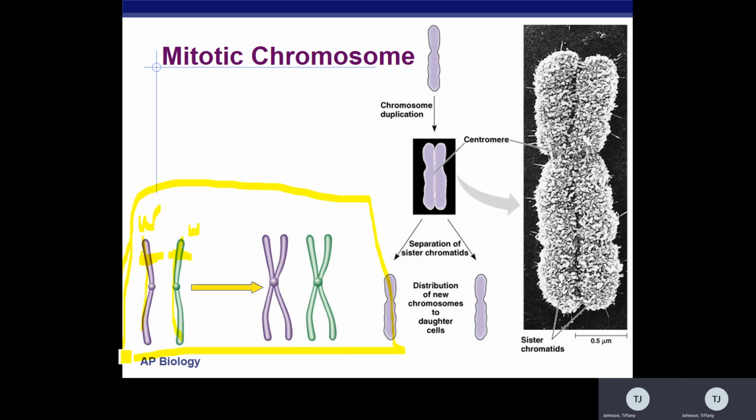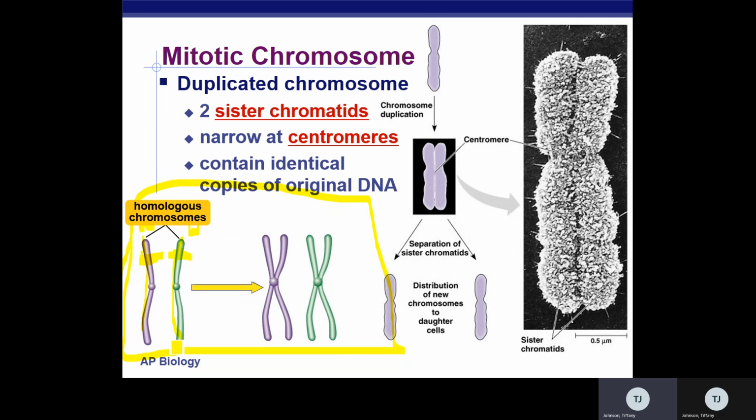So if you get a chromosome from mom that has the same genes as the one from dad, we have a name for those chromosomes. Those chromosomes are called homologous. Write that down. Make sure you label it. What does homo mean? Same. Good. These are chromosomes that have the same genes on them. Now, they don't necessarily express the same way, right? But they have the same genes. One you get from mom, the other one you get from dad.